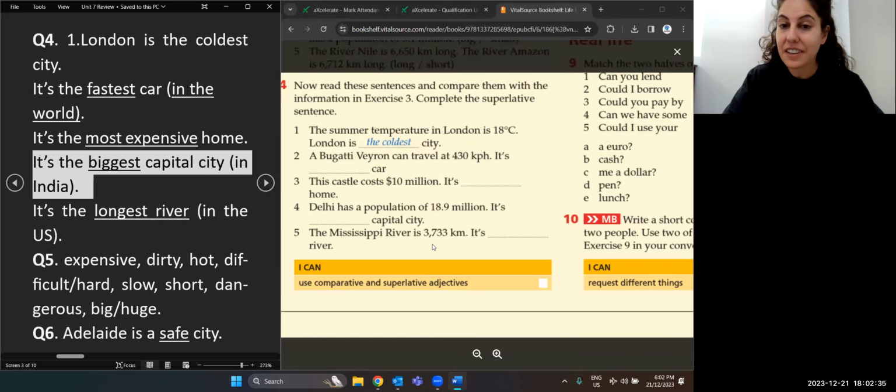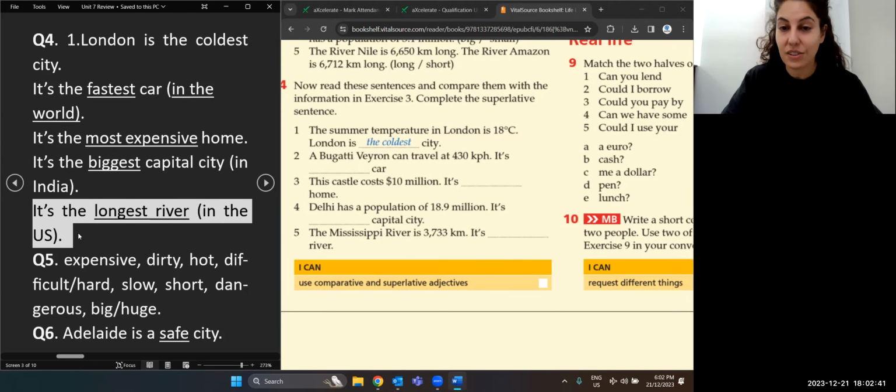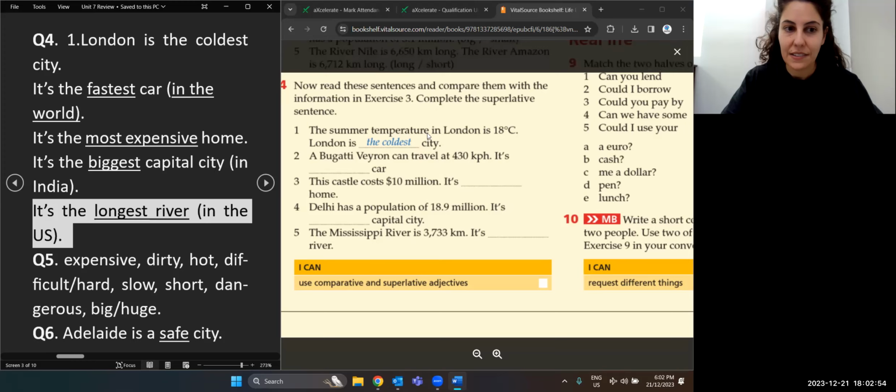The Mississippi River is 3,733 kilometers. It's the longest river. But no, compared then maybe.